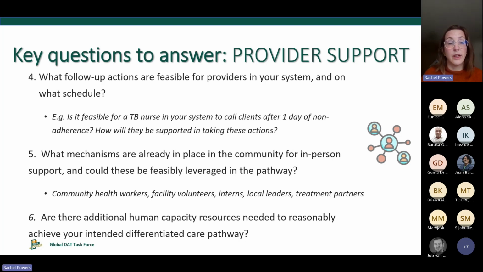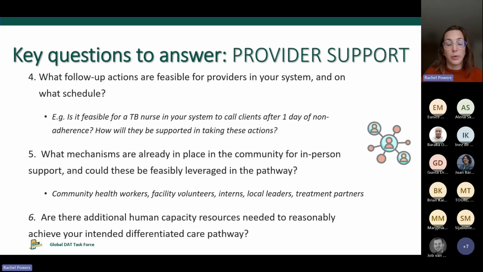And then lastly for this, are there additional human capacity resources that are needed to reasonably achieve your intended differentiated care pathway? I'll speak again about the example from the Philippines. Originally, we had imagined that the TB nurses would be able to do these phone calls and then communicate with the patients and arrange home visits if needed.